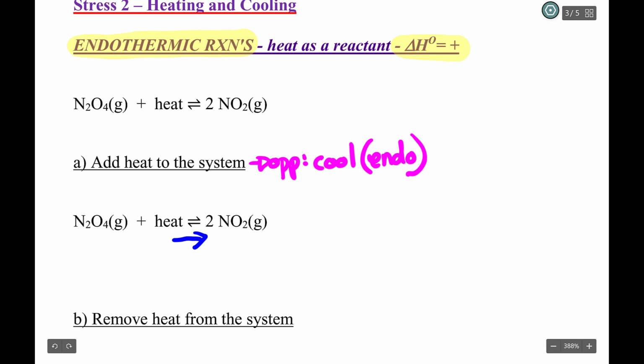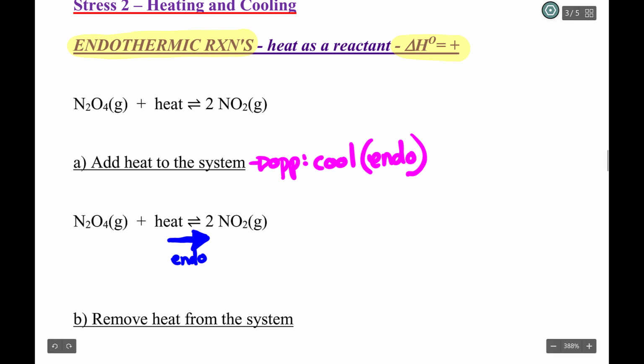Because energy is written as a reactant, the forward reaction would be the endothermic reaction. So the system would have to shift to the product side to do the endothermic reaction to try to decrease the temperature of the system.